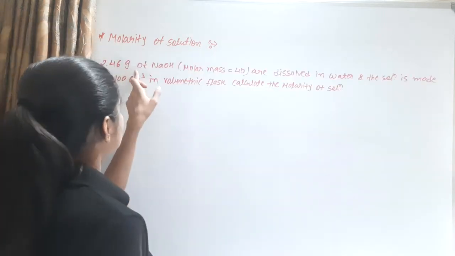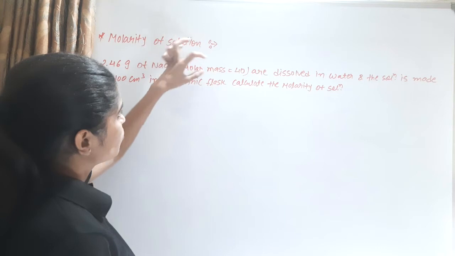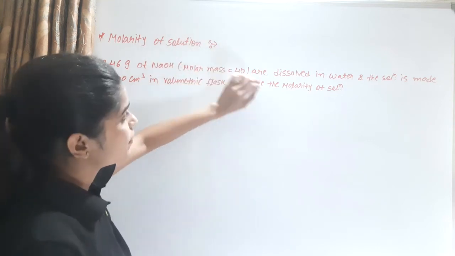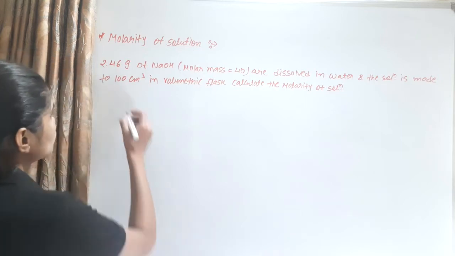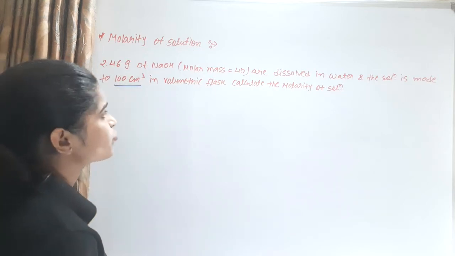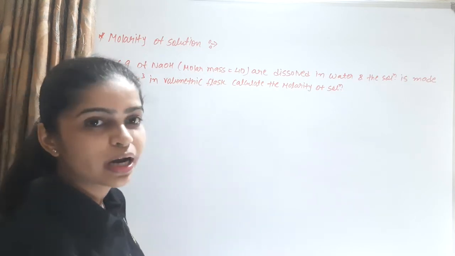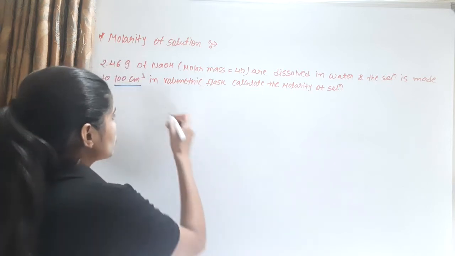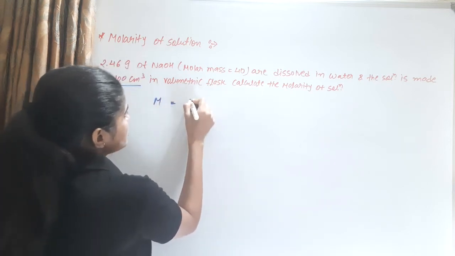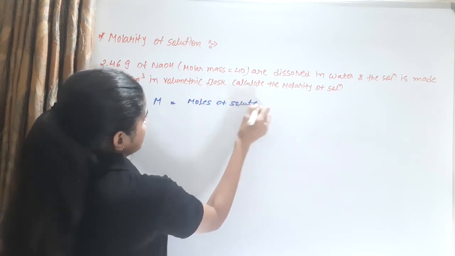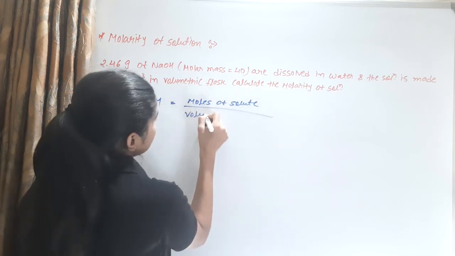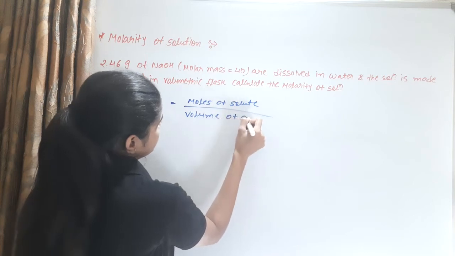Example: 2.46 gram of NaOH, molecular mass given as 40 gram, is dissolved in water and the solution is made up to 100 centimeter cube in a volumetric flask. Calculate the molarity of the solution. We know that the molarity of a solution is the moles of solute divided by the volume of solution.